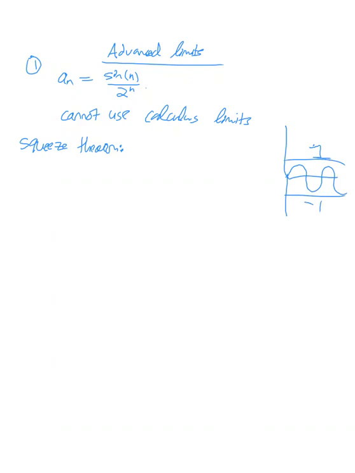So in fact, a_n is less than 1 over 2 to the n, and it is larger than -1 over 2 to the n. So both of these go to 0. So that means a_n goes to 0 by the squeeze theorem.